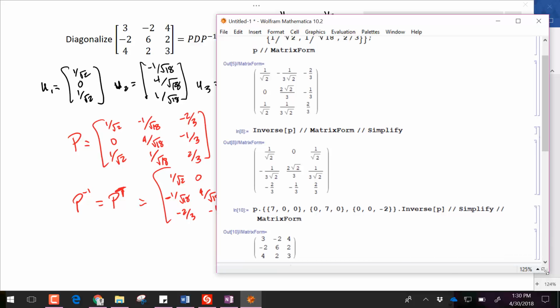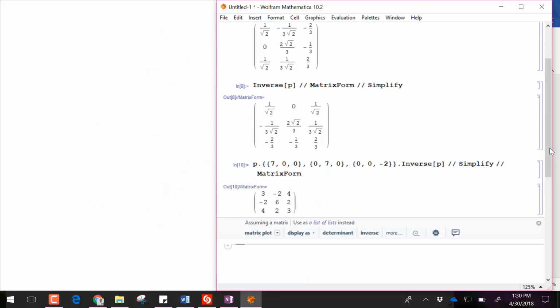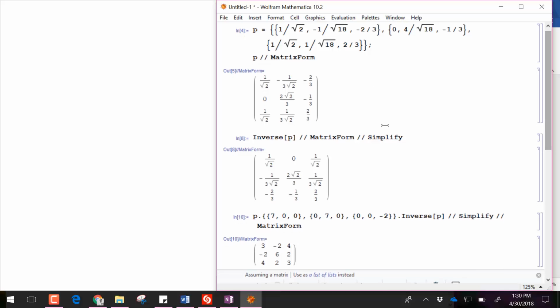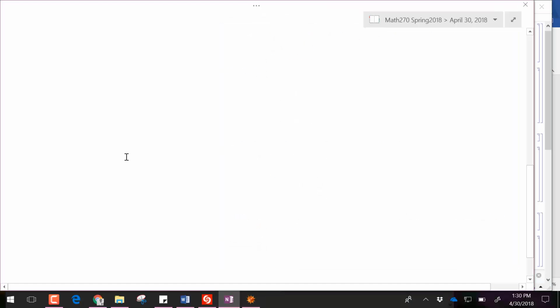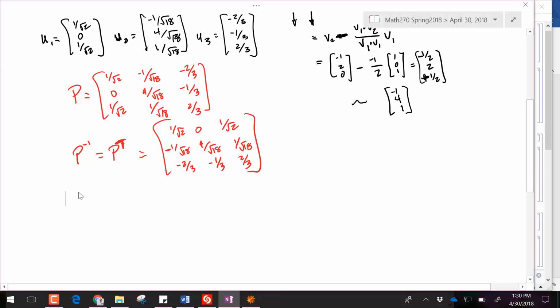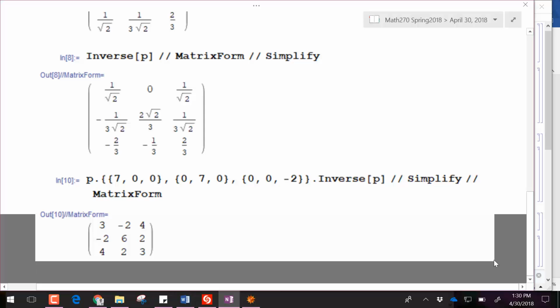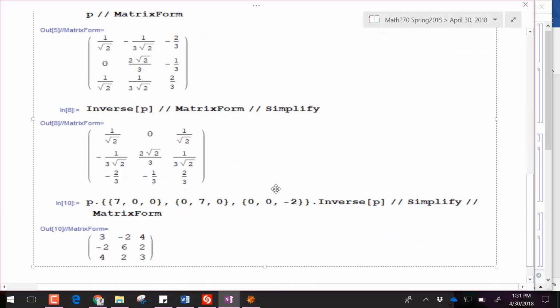So it's worth putting all this Mathematica stuff in the notes. There we go.